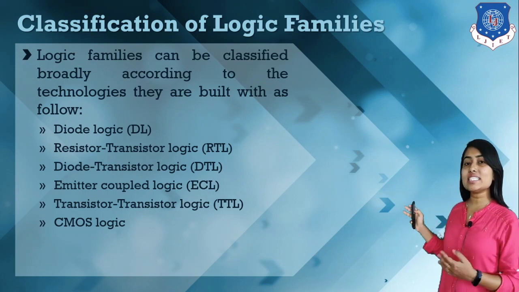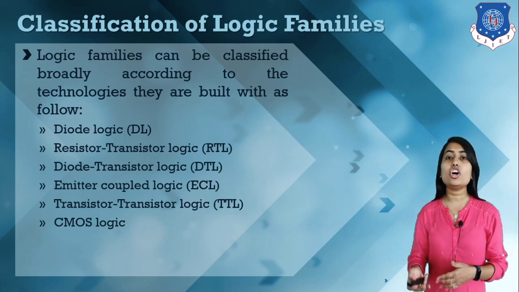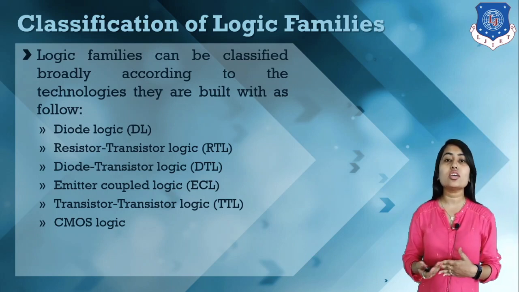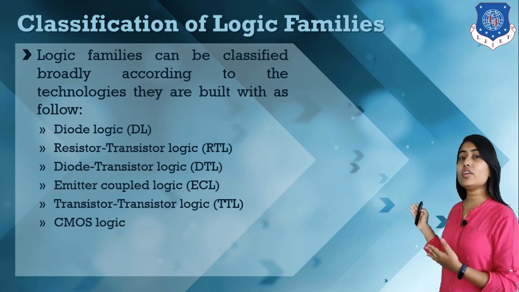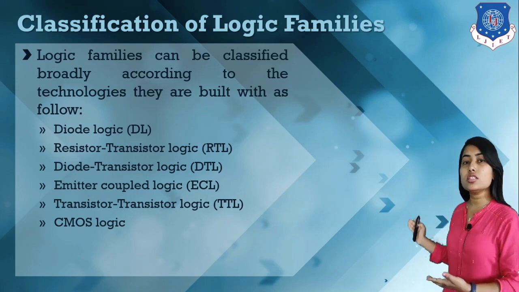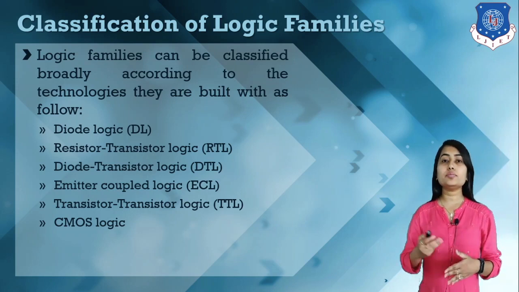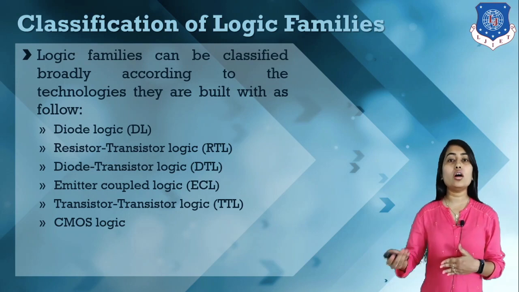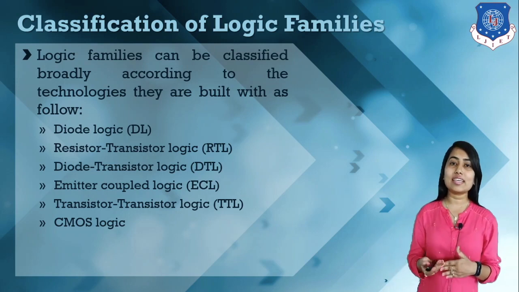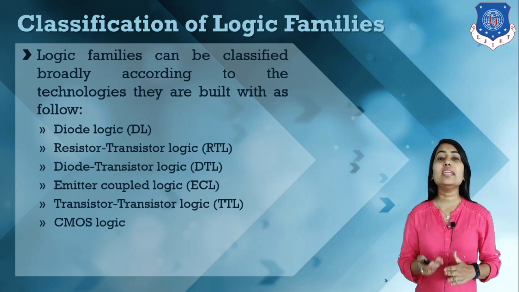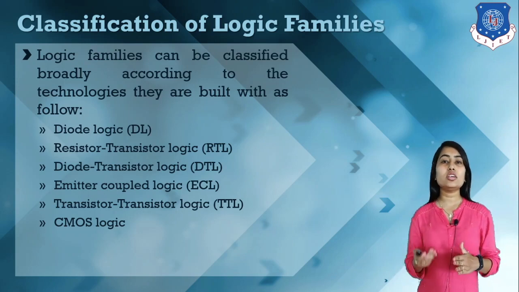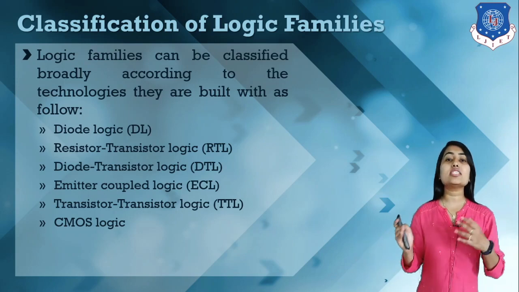Then ECL, that is emitter coupled logic. Then we have CMOS logic. Using this logic, a manufacturer can make different integrated circuits, and using these integrated circuits one can perform various logical operations.